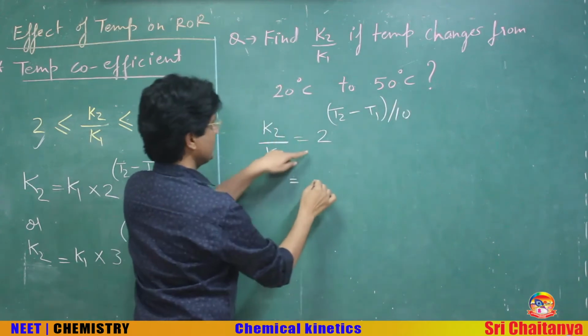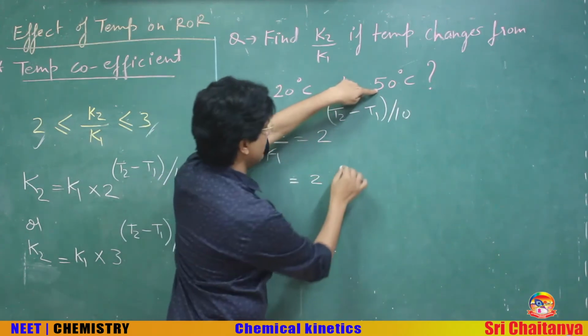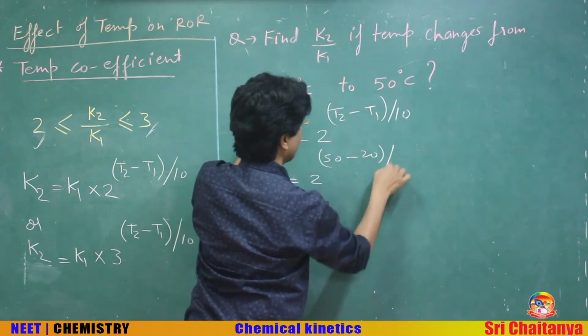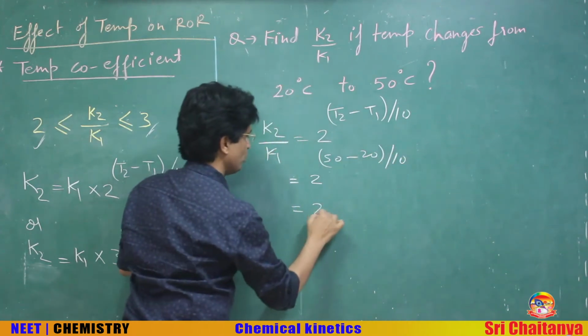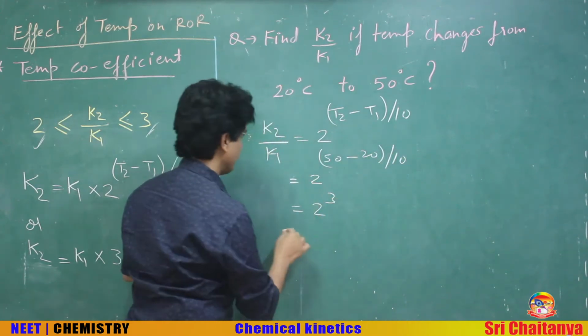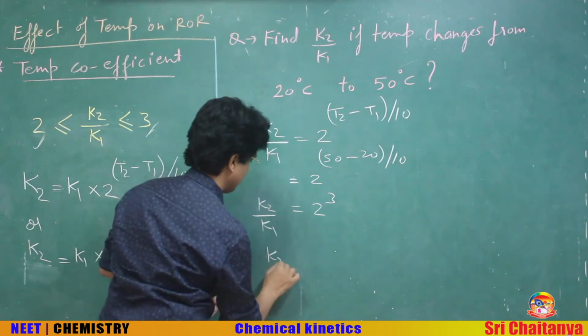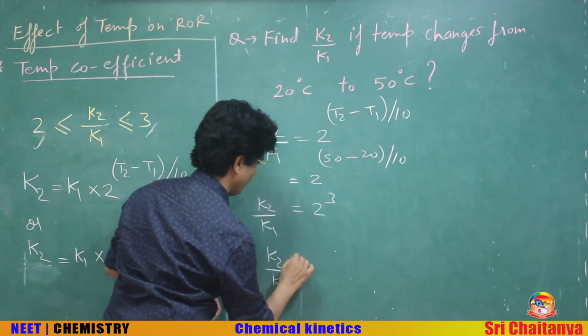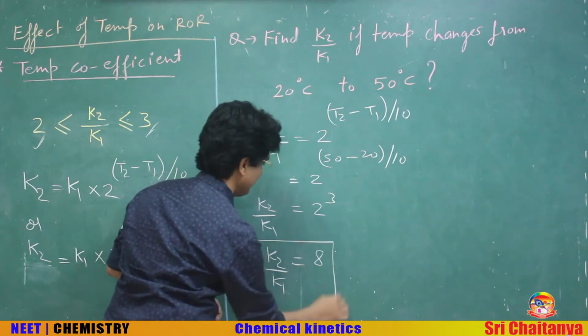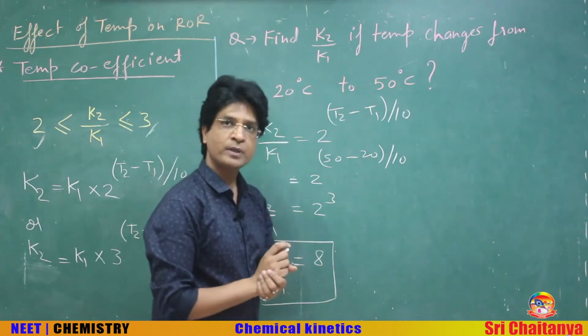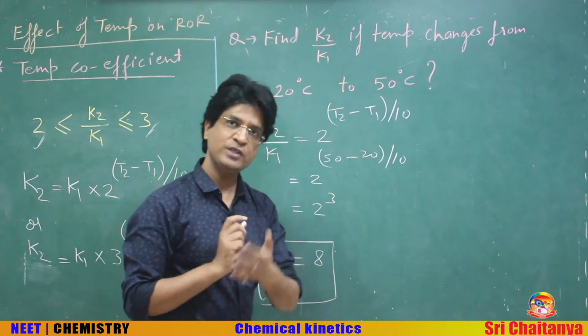So this can be written as 2 to the power of (50 minus 20) divided by 10. This will be 2 to the power of 3. That means K2 by K1 will be 8 times. That means the rate will increase by 8 times if we assume that the temperature coefficient is given as 2.